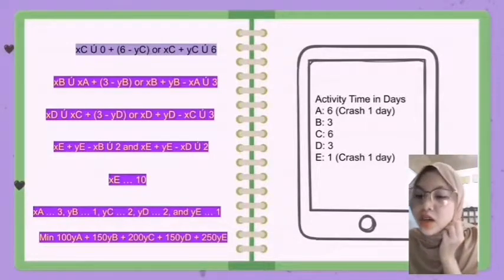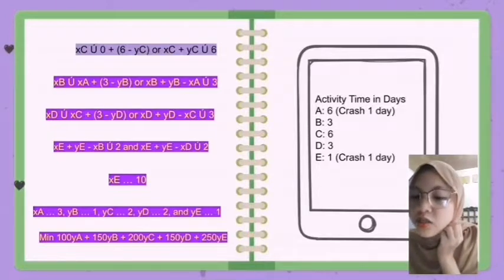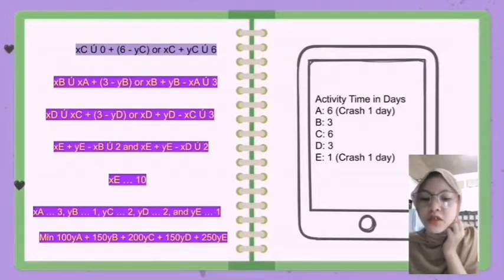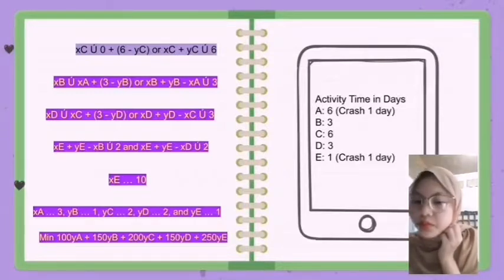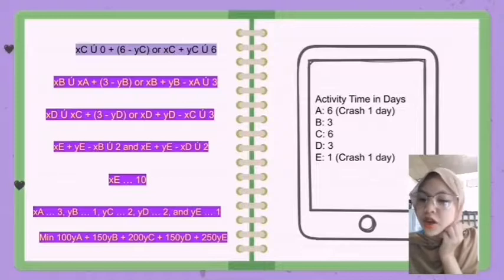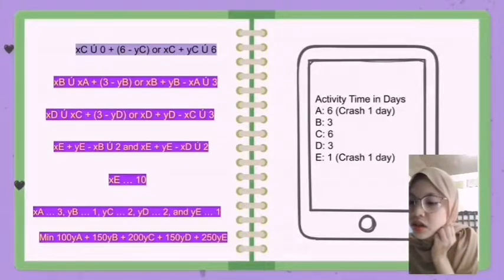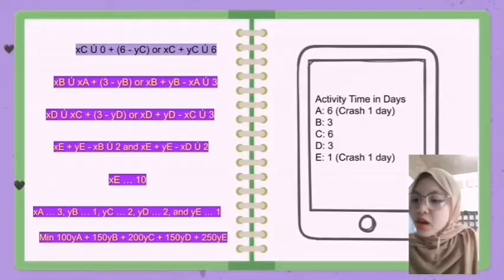If we follow the same approach that we used for activity A, the constraint corresponding to the finish time for the other activity has an expected time equal to 6 days. Thus, to determine the optimal crashing for each of the activities, we must solve a 10 variable, 12 constraint linear programming model.